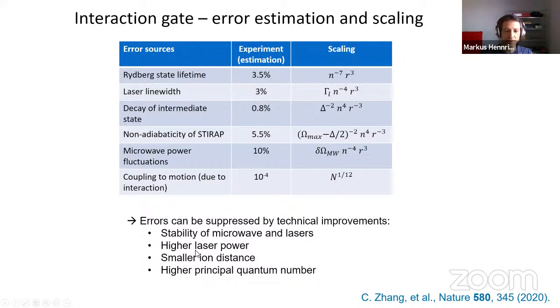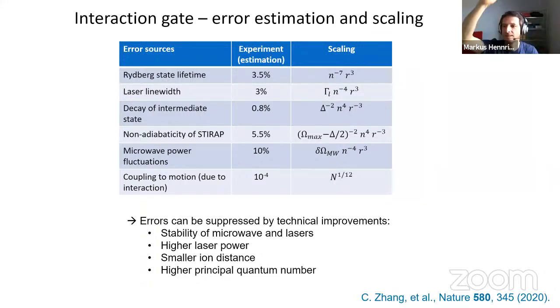The coupling to the motion, interestingly, is not so bad. Coupling to motion here is the effect due to the interaction. Of course, you also have forces on the ions. Due to the interaction, you have an interaction potential. I showed you the Rydberg blockade.